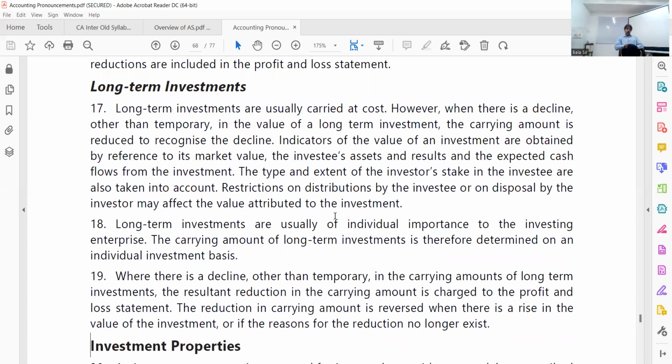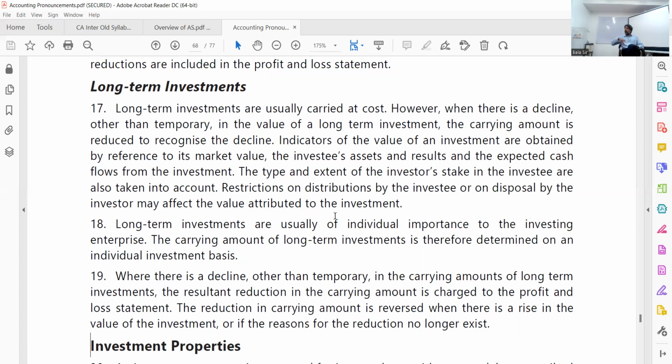The reduction in carrying amount is reversed when there is a rise in the value of the investment, or if the reason for the reduction no longer exists. Once again, you can reverse the reduction in case there is a rise in the value of investments, or the reason that caused the decline is now reversed. I'll tell you one more reason why investment value can decline.